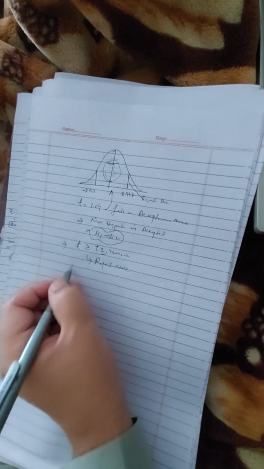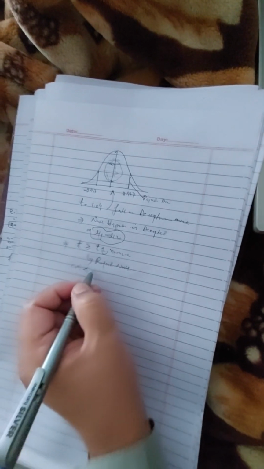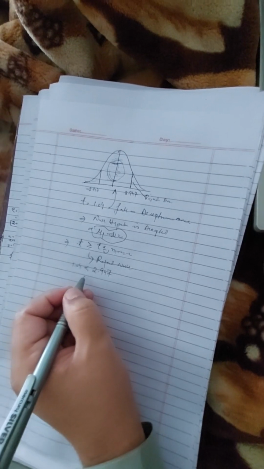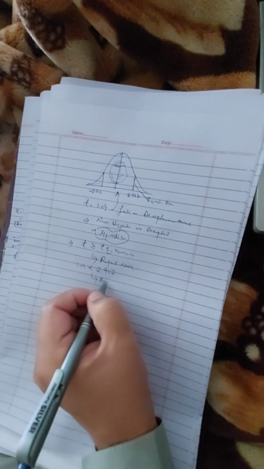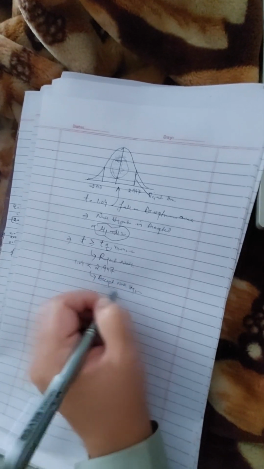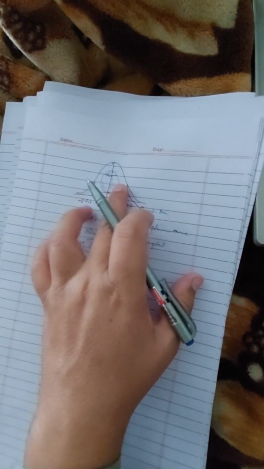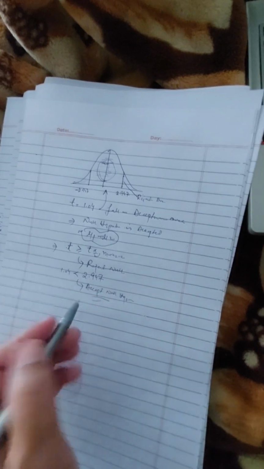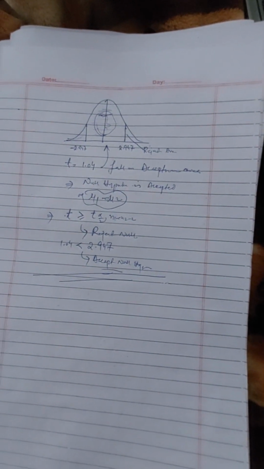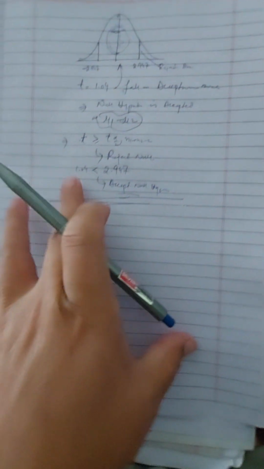In this case 1.04 is less than 2.947, so we accept the null hypothesis. You can do it both ways, using the graphical one or the numerical form. Both are fine.